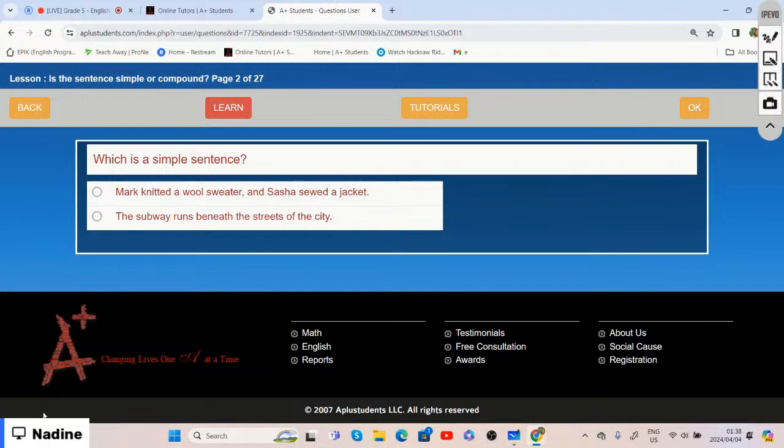So we need to say, is it option one or option two that tells us which is a simple sentence?